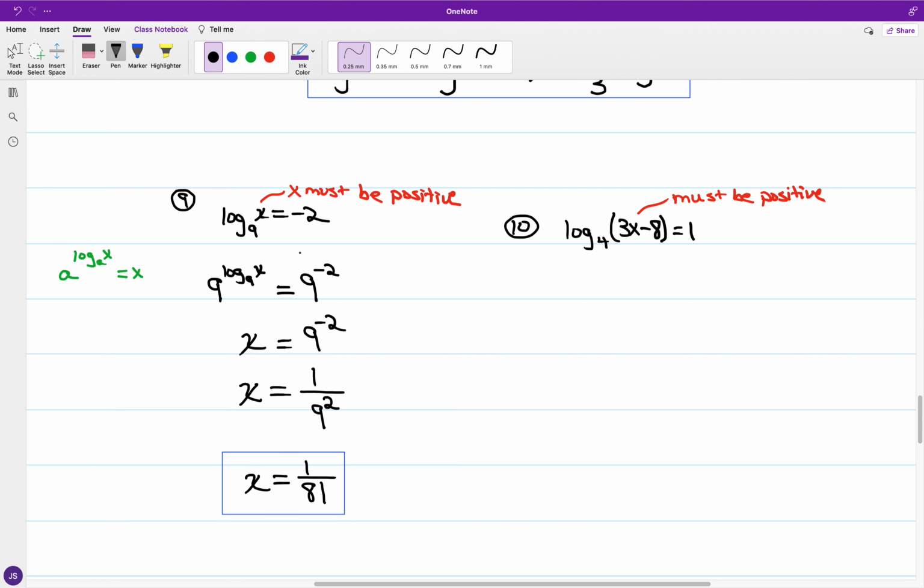Before I had 9. Now I'm going to have the base to be 4. So now we have 4 to the base 4 logarithm of 3x minus 8 is equal to 4 to the first.